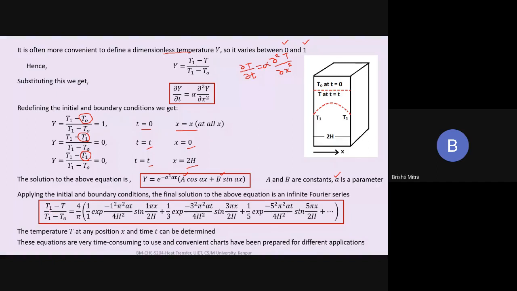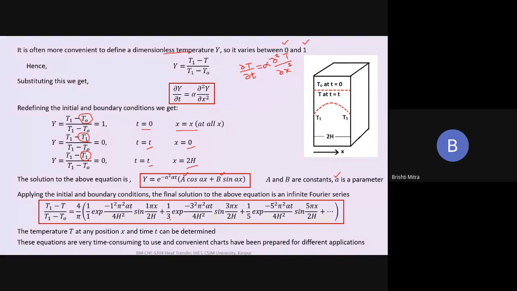So T1 minus T divided by T1 minus T naught is equal to 4 by pi, and in brackets, in the first case, it is 1 by 1 exponential minus 1 square pi square alpha t by 4h square sine pi x by 2h, plus this 1 gets replaced by a 3, notice.